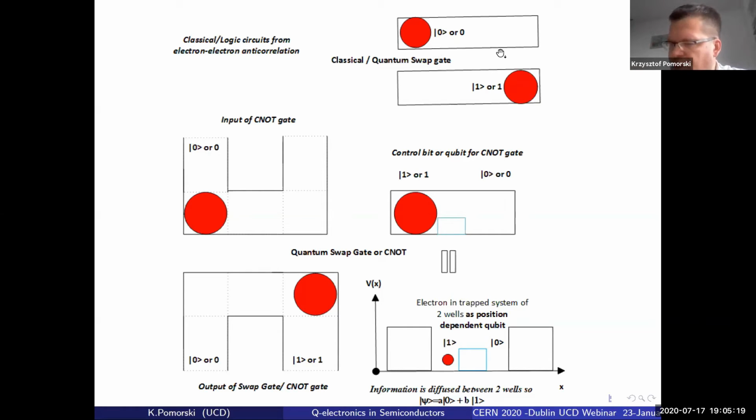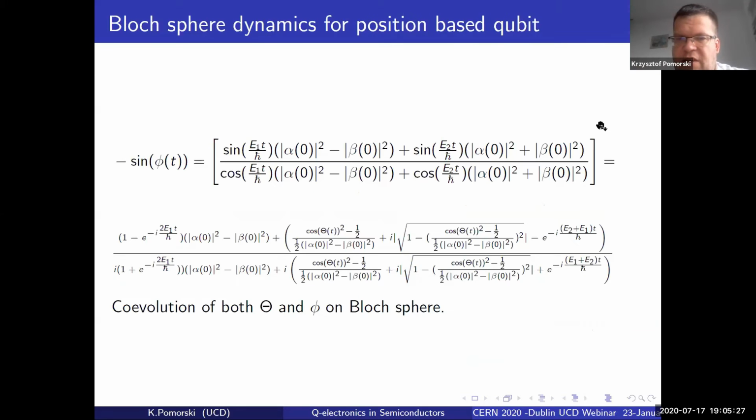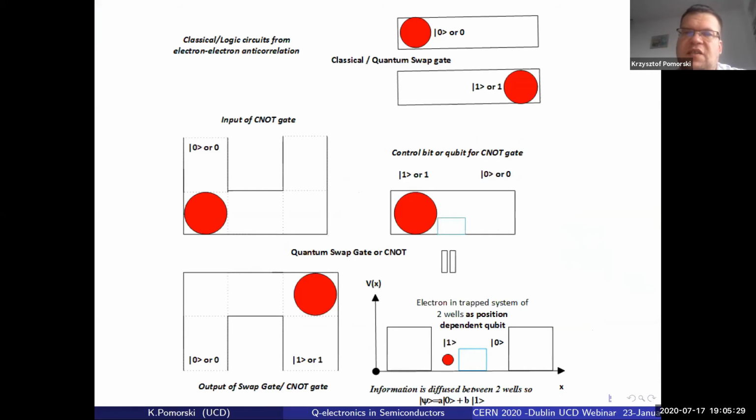Let's refer first to the classical situation. You have 2 charge balls that are in some boxes. So obviously the ground state of a system will prefer that there will be anti-correlation of charge balls, since such a configuration minimizes electrostatic energy. So this is a classical swap gate.